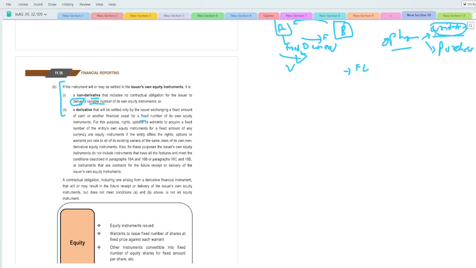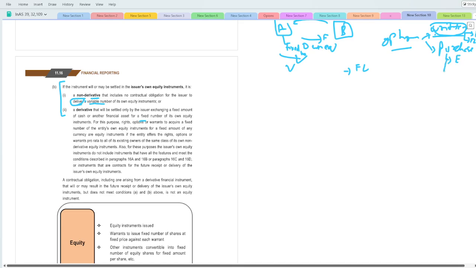And if the fixed to fixed test is satisfied, then it will be your equity instrument. Otherwise, it will be your financial liability. In the purchased option, if the fixed to fixed test is satisfied, then it will be an equity instrument, or if it is not satisfied, then it will be a financial asset. So this is the thing on the derivative side.